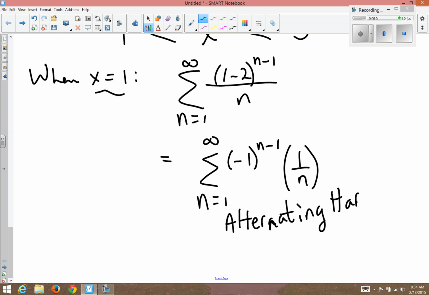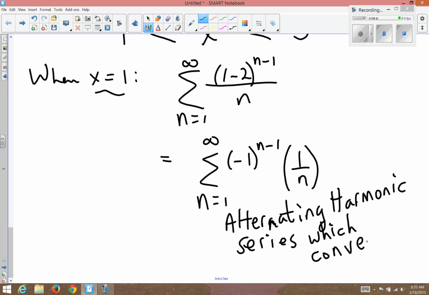So it's the alternating harmonic series, which converges. We discussed this in a previous video. The alternating harmonic series is an alternating series that converges. You should look back and see how we proved that it does using the alternating series test.